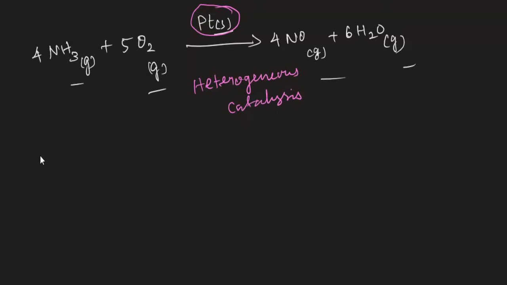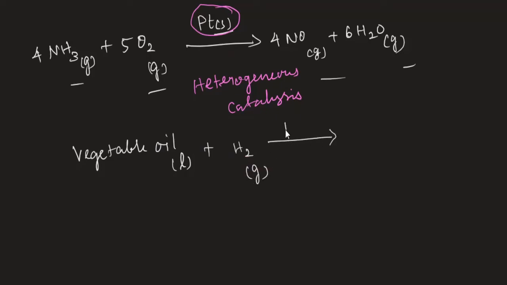Let us take another example. Vegetable oils. You can take any vegetable oil. Vegetable oil, being liquid, hydrogen is passed through this.